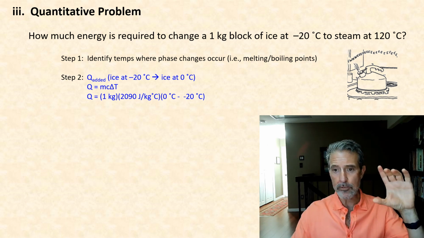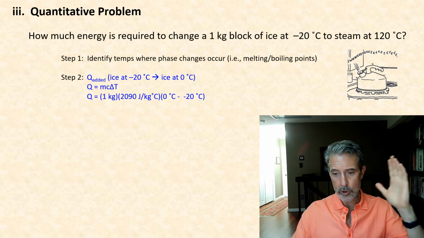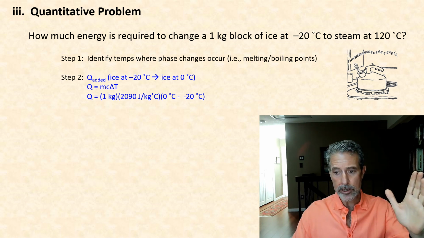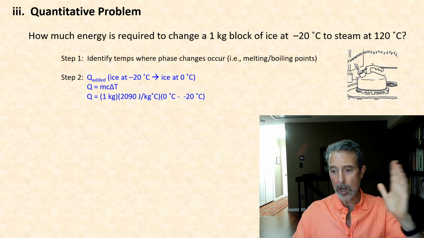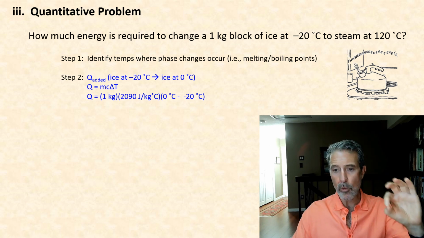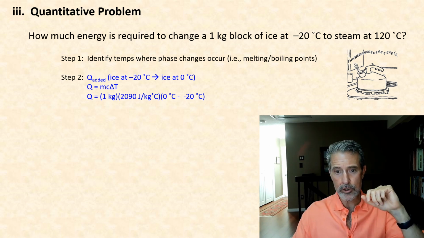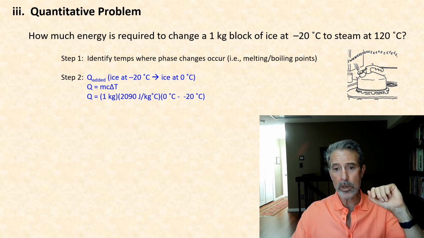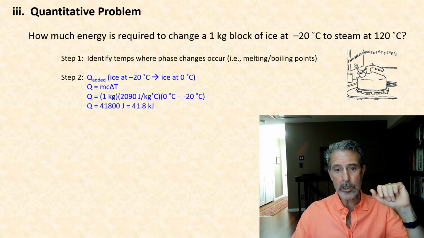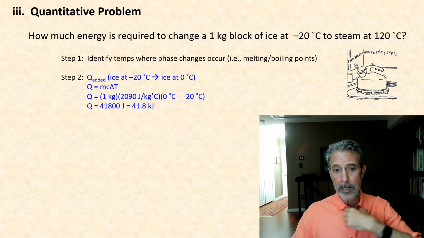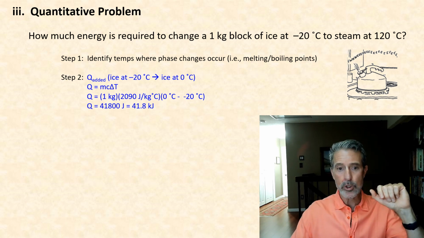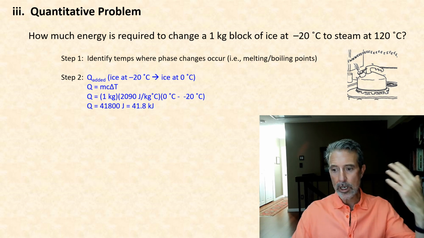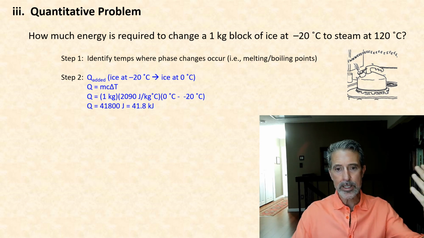Here we are going from negative 20 degrees Celsius, our starting temperature, up to the melting point where the phase change occurs, which is 0 degrees Celsius. So our delta T is 20 degrees Celsius. When we do the number crunching, it turns out that it will take about 41.8 kilojoules of heat to bring solid ice at negative 20 up to solid ice at 0.